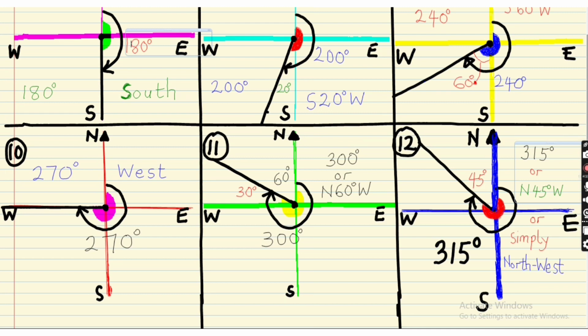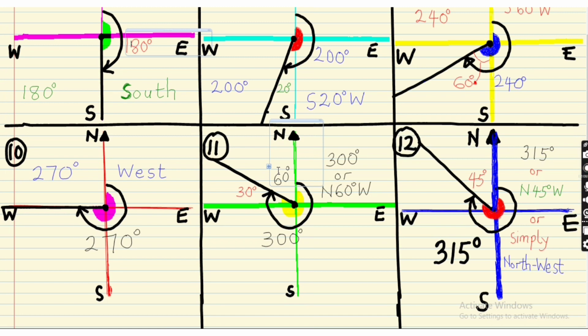If you look at it very well, the angle there labeled 30 degrees is the angle that we are going to see above 270. And so if we start from the north and rotate backward a little, we're going to see 60 degrees there. So another way to call angle 300 degrees is to say north 60 degrees west. That is north 60 degrees towards the west.